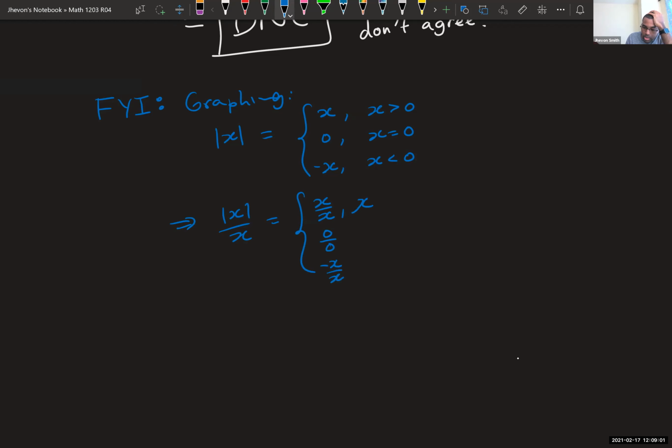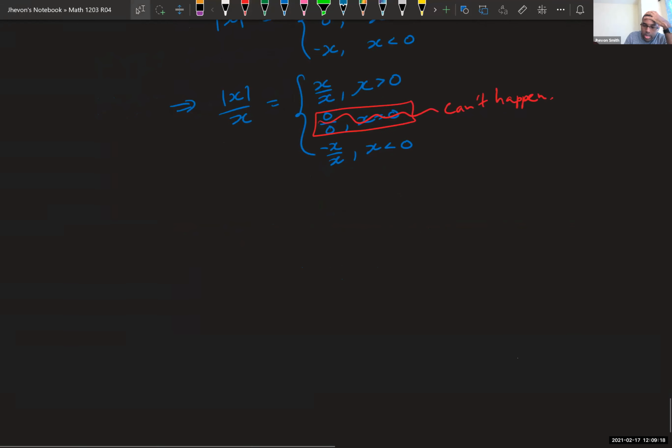So in the case where x is positive, it's that. In the case where x is negative, it's that. And the case where x is 0, well, it can't be 0. That can't happen. So then you realize, okay, but x over x is, of course, 1. So when x is greater than 0, it's 1.